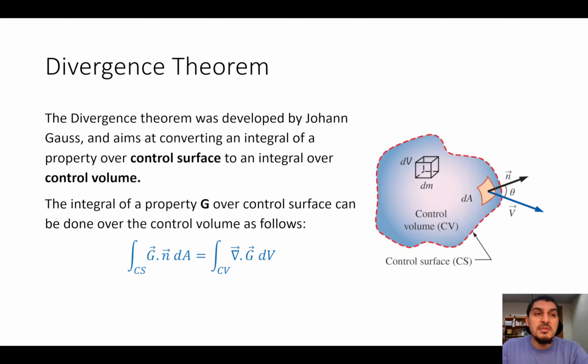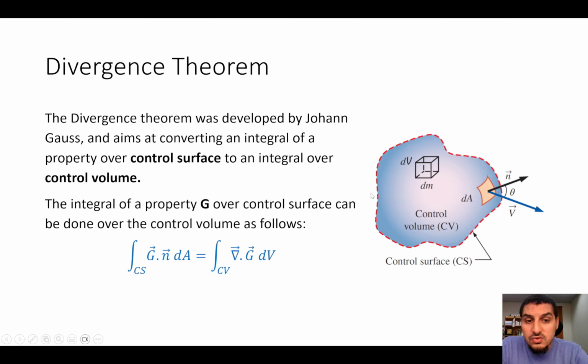But the main point of this is to unify the parameter that we're integrating with. There are some equations or parts of the equation that will be integrated over the surface, which we have here as the control surface.